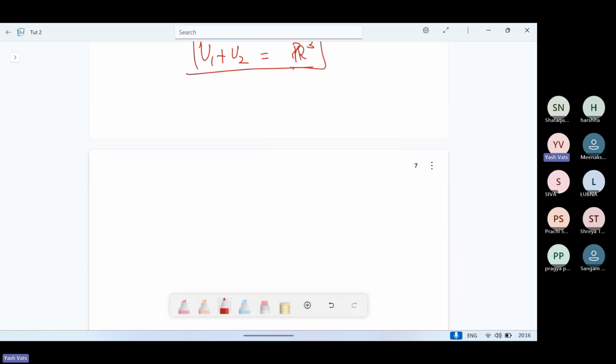Let me write it. So you have this question: you have two planes, x minus y plus z equals 0 as the first one, and the second one is x plus 2y minus z equals 0.